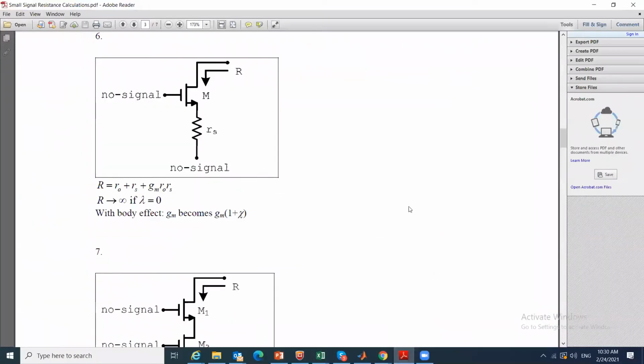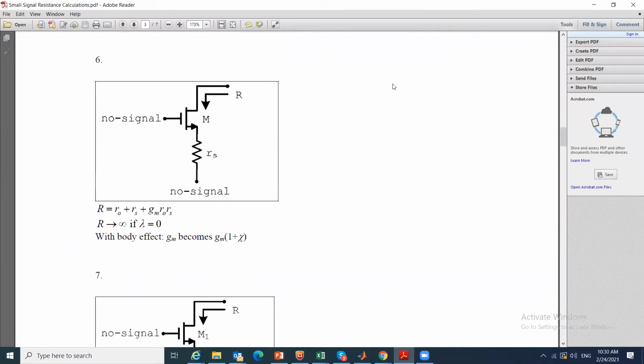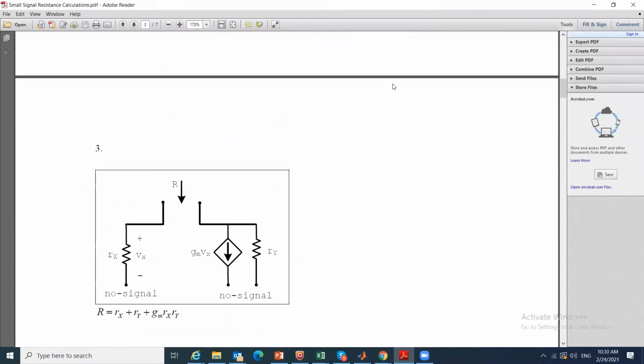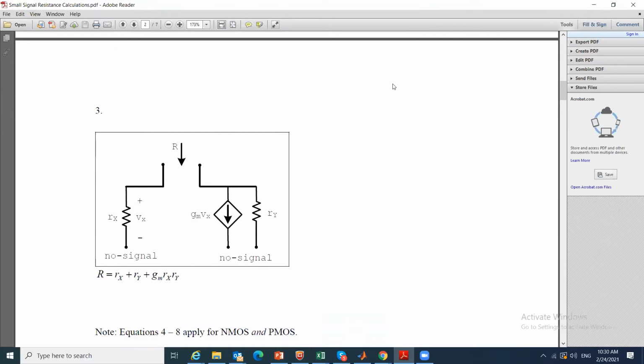So in our resistor sheet, this rule holds in the beginning, before we talk about the transistor. It's rule number 3, and it says if I'm trying to find the resistance between two nodes, yani if my VX IX happens to be plugged in here, then I'm going to see Rx plus Ry plus Gm times Rx Ry.